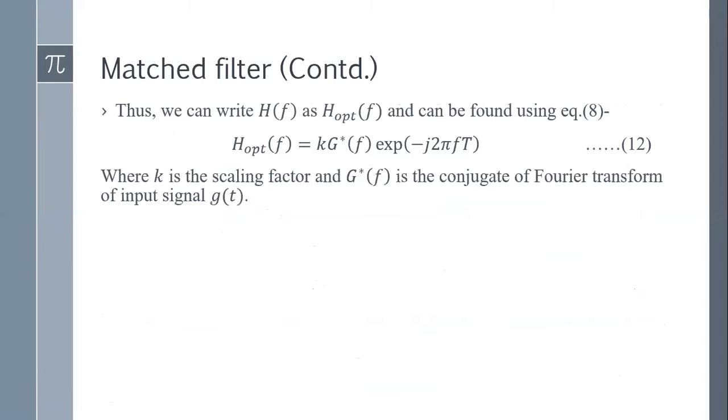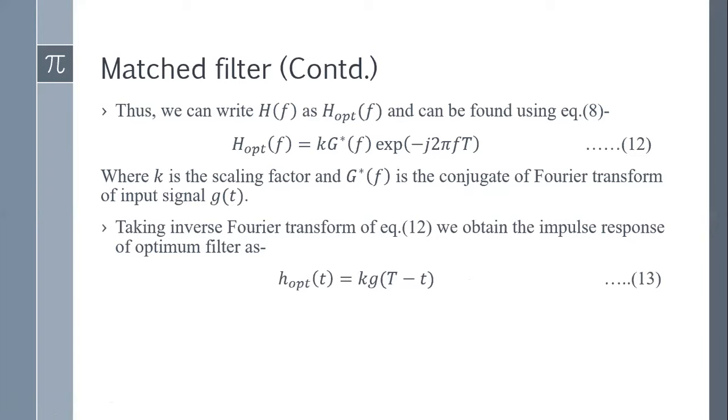And if I take the inverse Fourier transform of this, I can write h(t) as k g(T minus t). So this is the value of this matched filter. What we see is that the matched filter is a delayed version of the incoming signal g(t). So the matched filter has an impulse response which is the delayed version of the incoming signal. Clear?